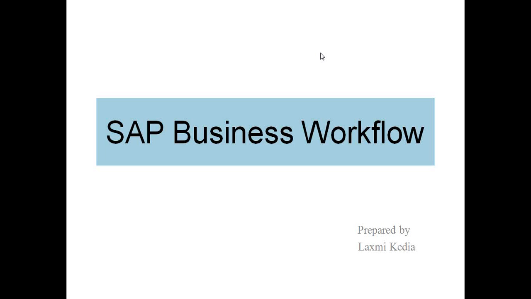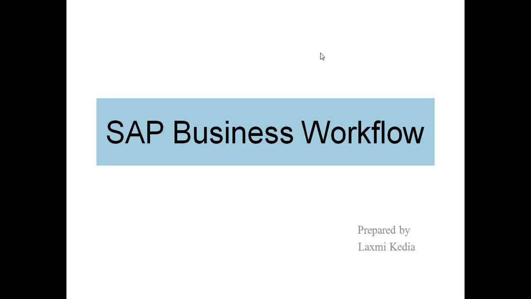So SAP has come up with a very good tool called SAP Business Workflow, which is basically an automated tool to automate this manual process. This workflow is automating the manual approval process. Everything we do manually is integrated in a system.